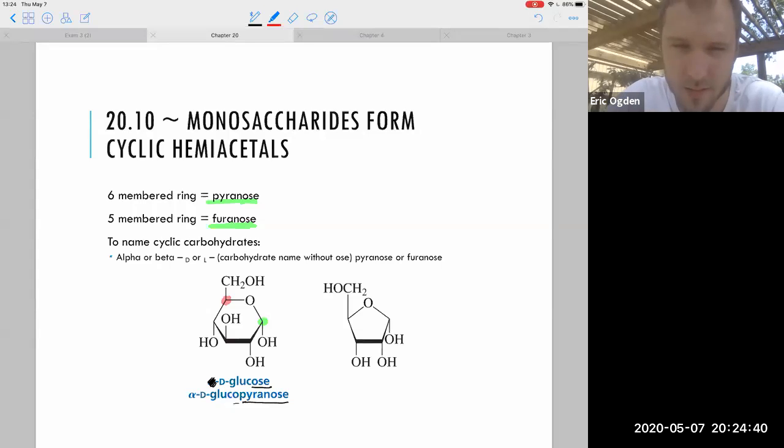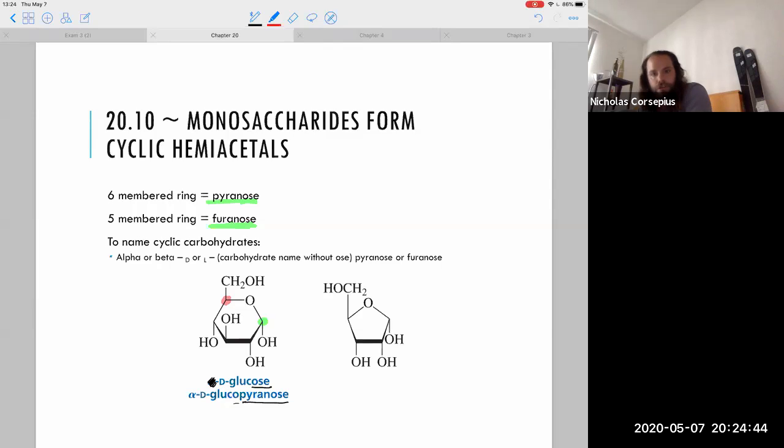Okay, gotcha. We talk about L sugars because you can, but every single sugar you will ever see in your entire life will be a D sugar. There's a reason why we're only focusing on those D sugars, and that's because nature has this preference for them for whatever reason.